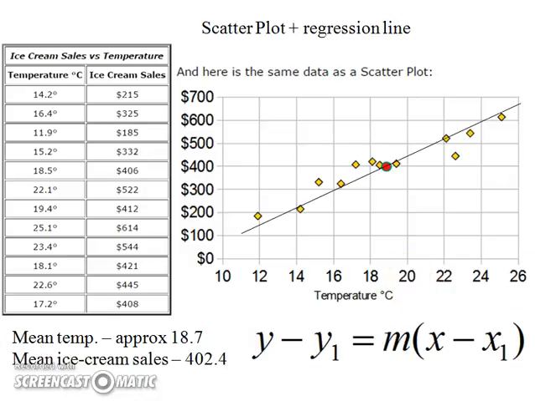In the next video, I'll show you guys how to use your TI-84 to get the equation of this line. But for now, please try to figure out the equation of this regression line. Of course, the point slope form is going to help you out. Let me know if you need help.